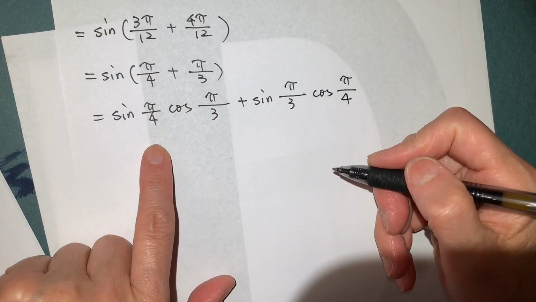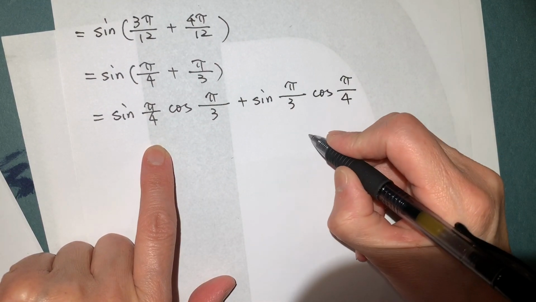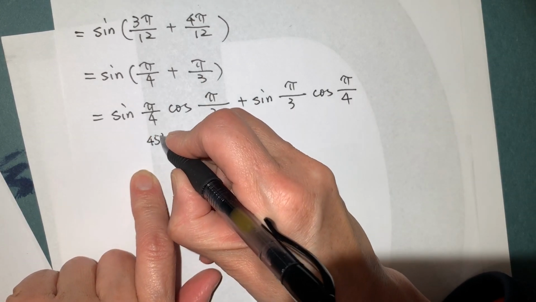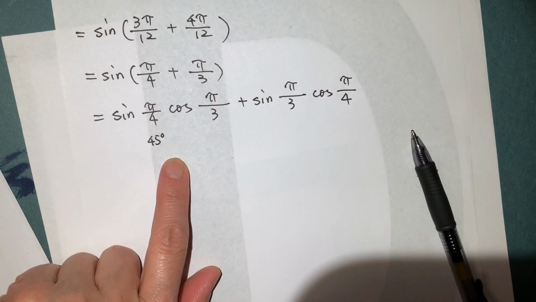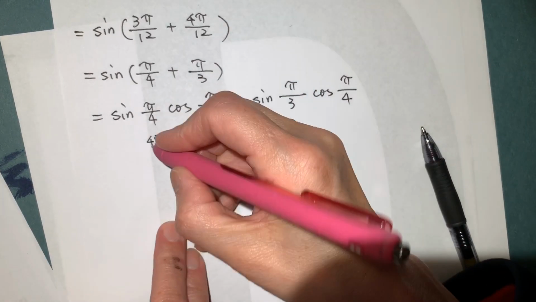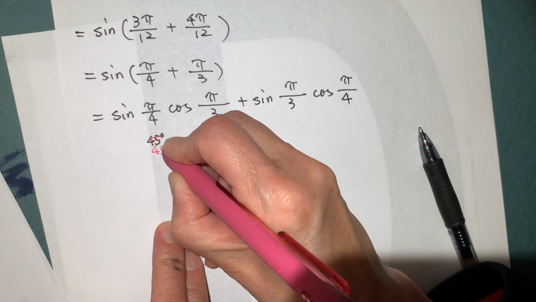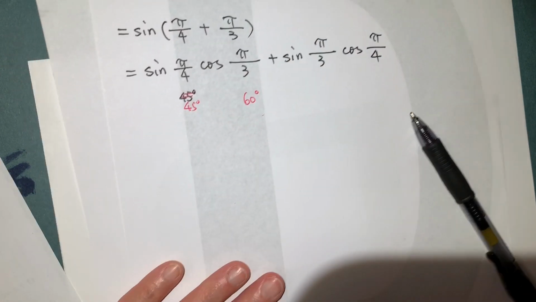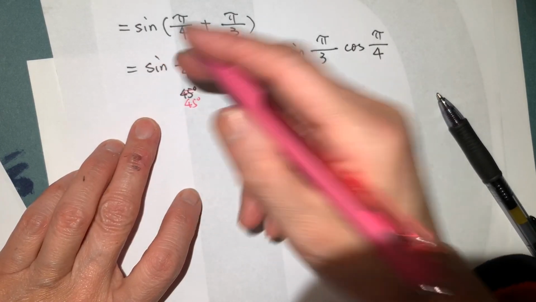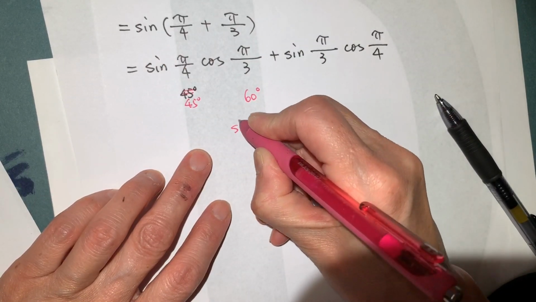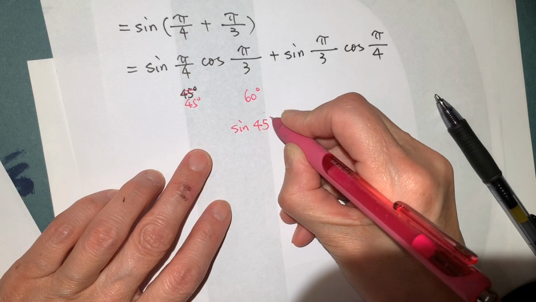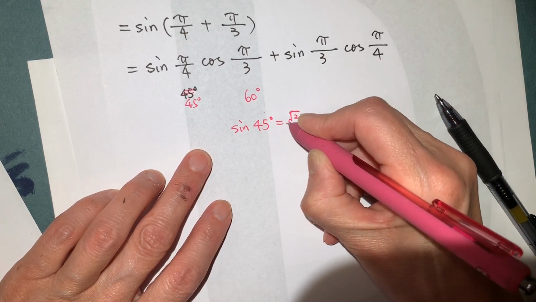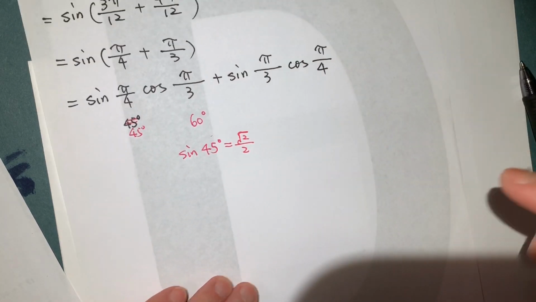Okay, if you are not so familiar, pi over 4 is 45 degrees, and I will use another pen to write down 45 degrees, and this is 60 degrees. So let's first write it down so that we can put it in. Sine 45 degrees is root 2 over 2, right?